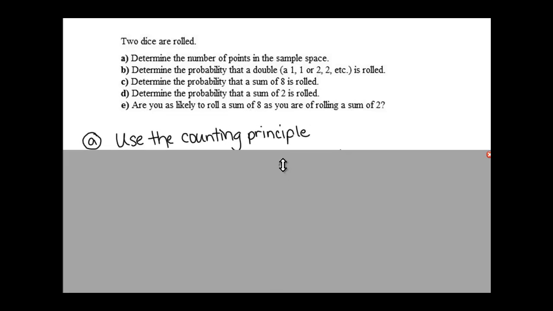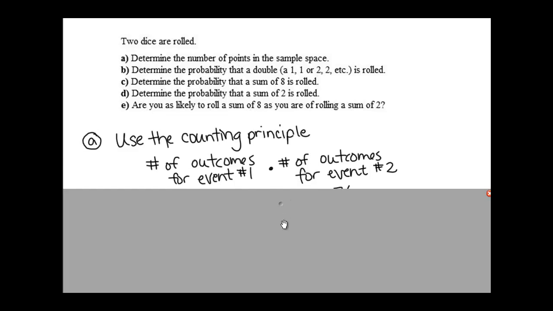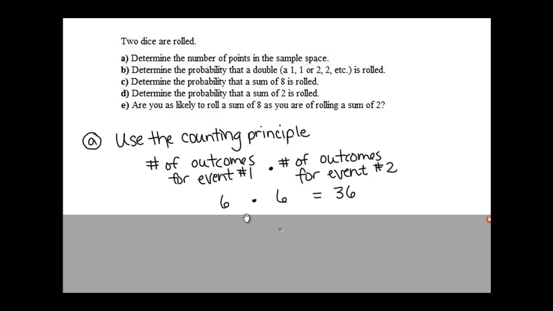sample space. So to do that, we're going to use the counting principle, which would take the number of outcomes for the first event, which would be the first die, and then multiply it by the number of outcomes for the second event, which would be that second die. So for the first die, there would be 6 different outcomes, numbered 1 through 6.